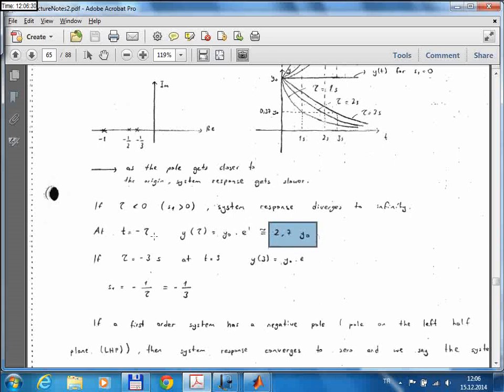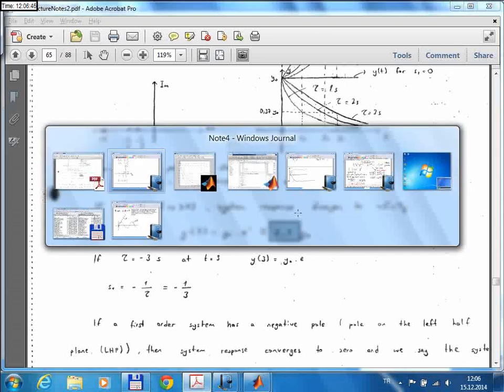And if t is equal to 6 seconds, it's not shown here, in that case the output will be e to the power 2, which will be the square of 2.7. It will be a bigger number.